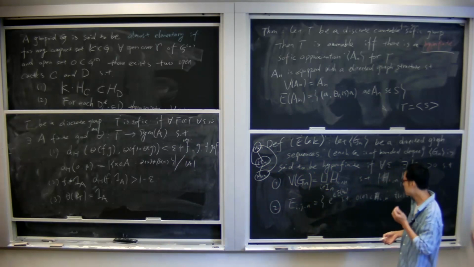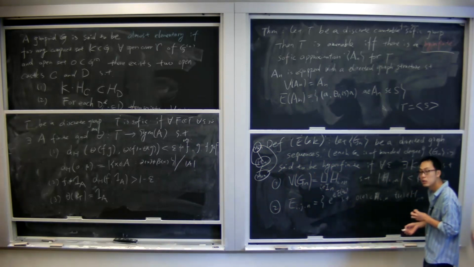Question number one: since |H_i^n| is less than k_epsilon, but where is epsilon?